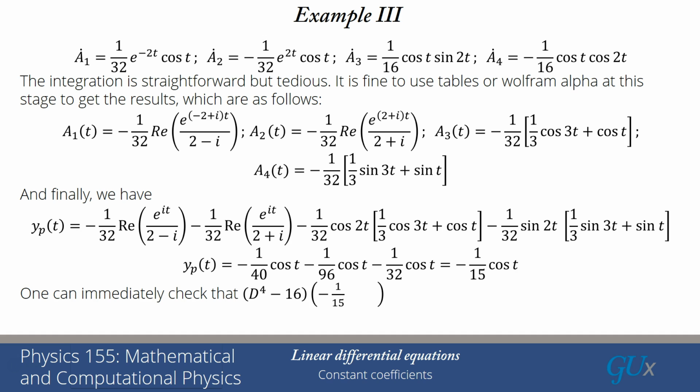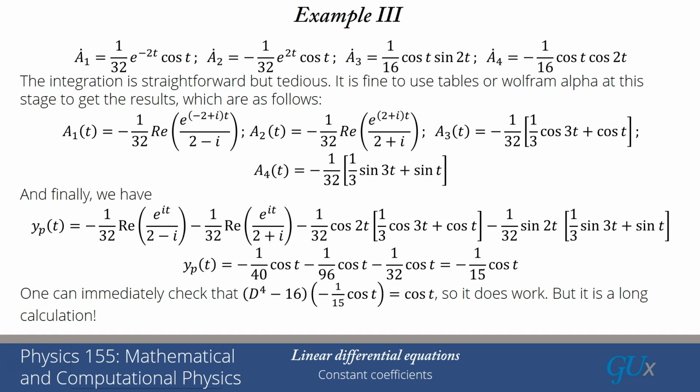Now we can immediately check that if I take the fourth derivative of minus 1/15 cosine t, I'm going to get minus 1/15 cosine t. And if I subtract 16 of those, I'm going to get minus 1/15 cosine t plus 16/15 cosine t, and so that becomes 15/15 cosine t, or it just equals cosine t, which is indeed what this particular solution has to equal.